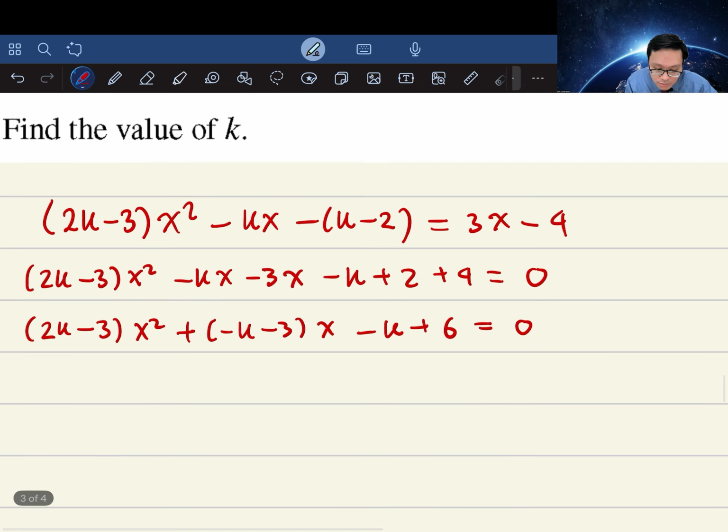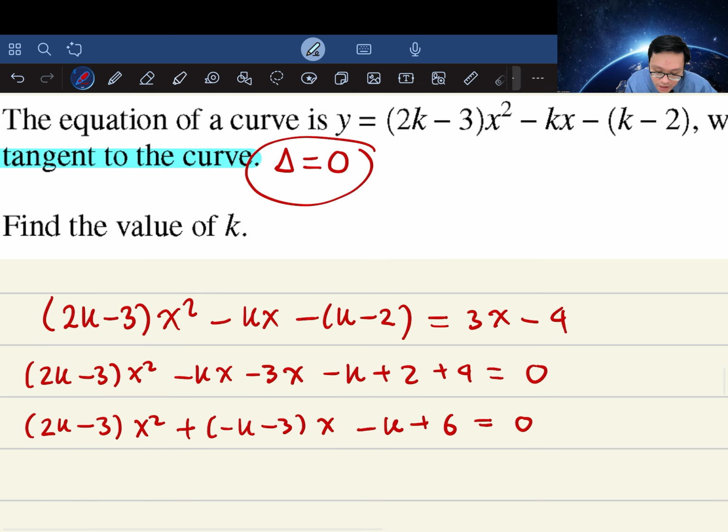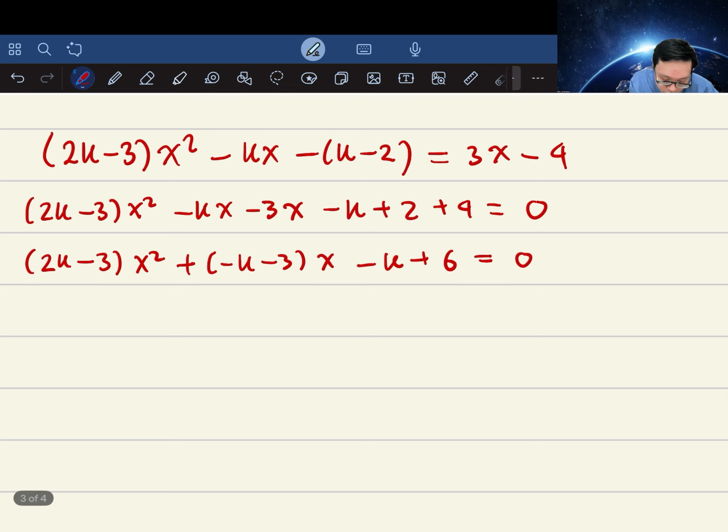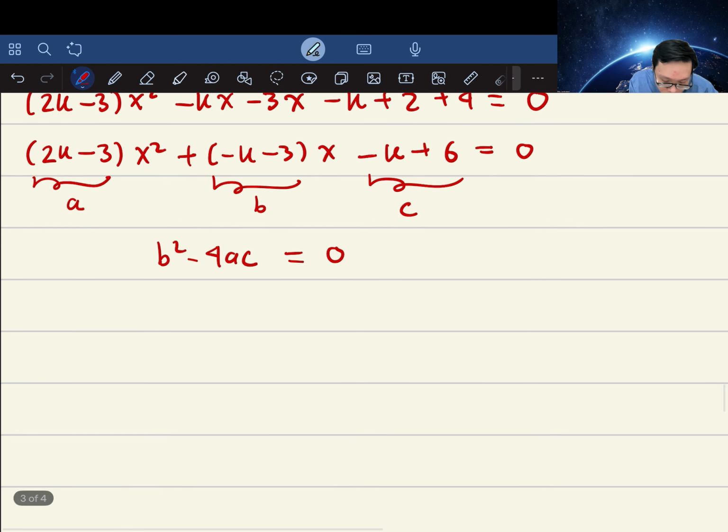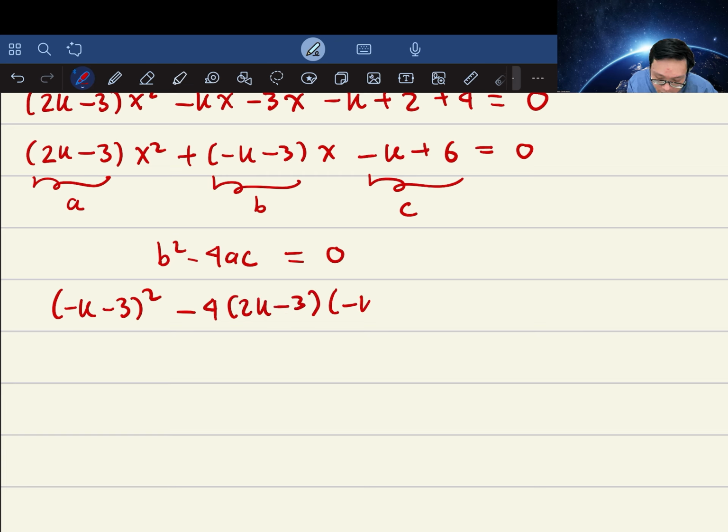Apply the discriminant to the curve, it has to be equal to 0. So this is our a, this is our b, and this is our c. So b squared minus 4ac has to be equal to 0. So we have minus k minus 3 squared minus 4 times 2k minus 3, c is minus k plus 6 equals to 0.